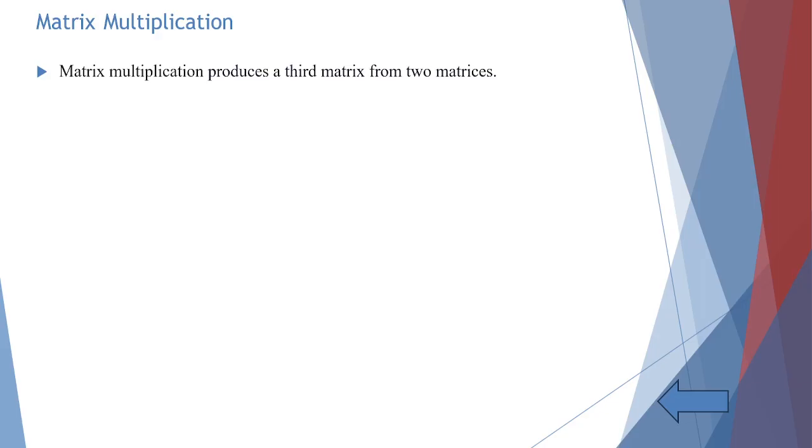But there are a couple of rules which we need to understand to write the program. Let's assume the first matrix has order 2 by 3, A by B. It can be any order.